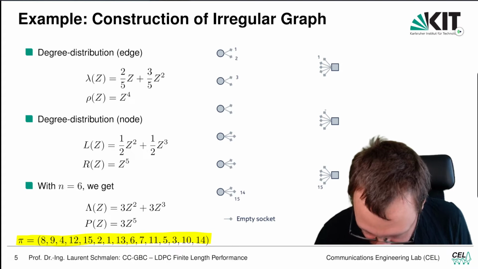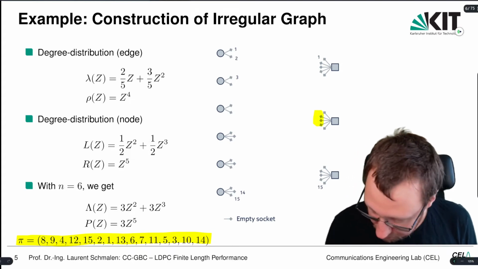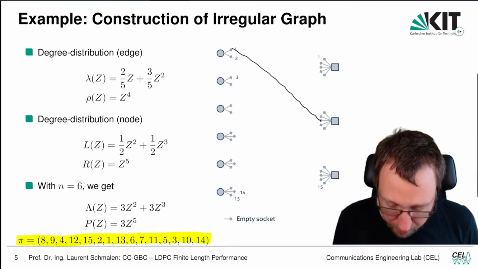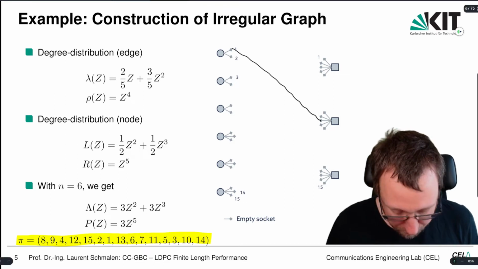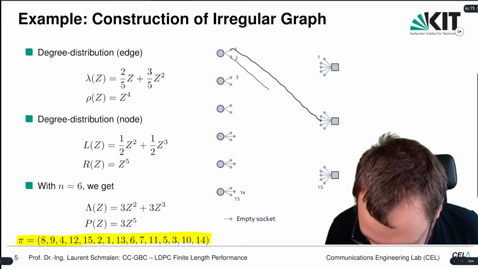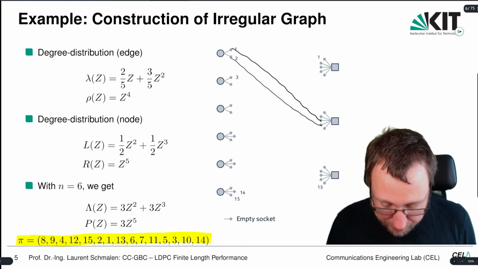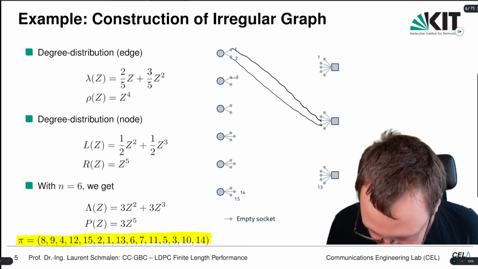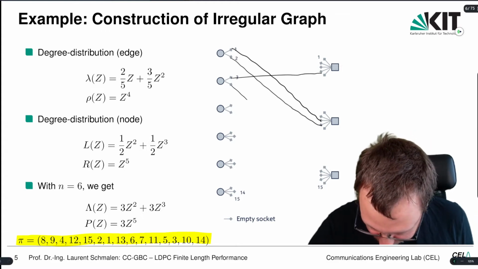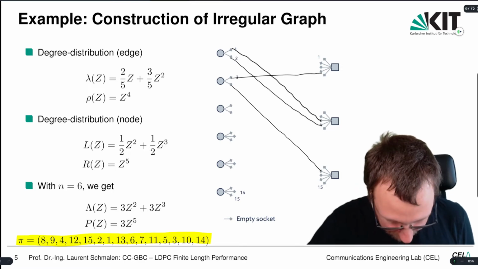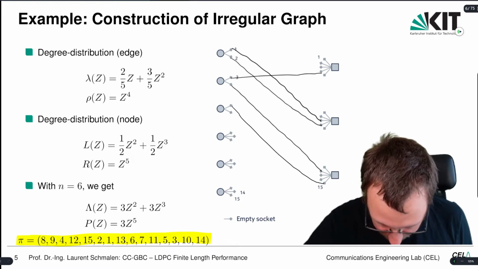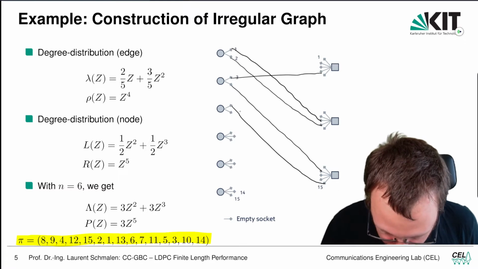We connect socket 2 from the variable node side with socket number 9 from the check node side. Then we connect socket 3 with socket 4. We connect socket 4 with socket 12. Then we connect socket 5 with socket 15. We connect socket 6 with socket 2.